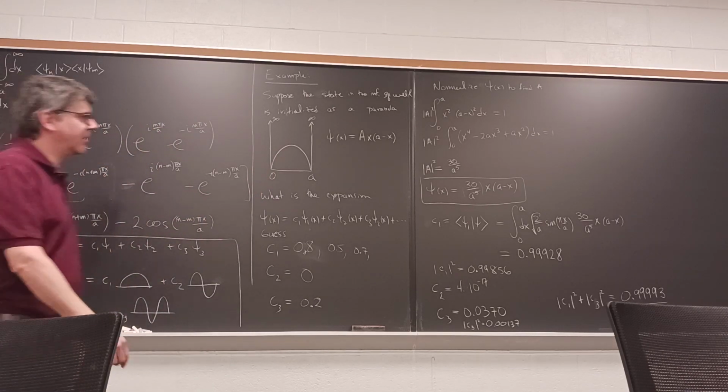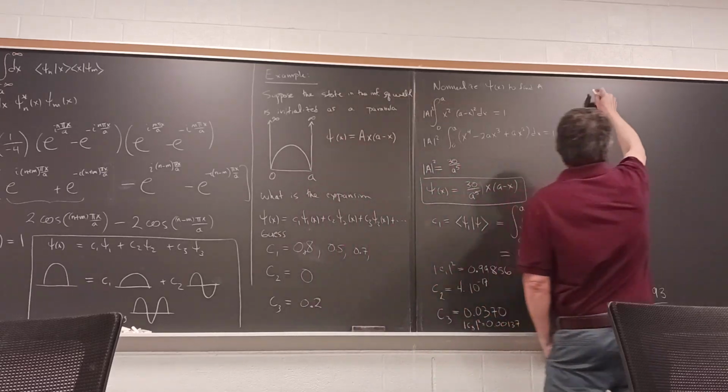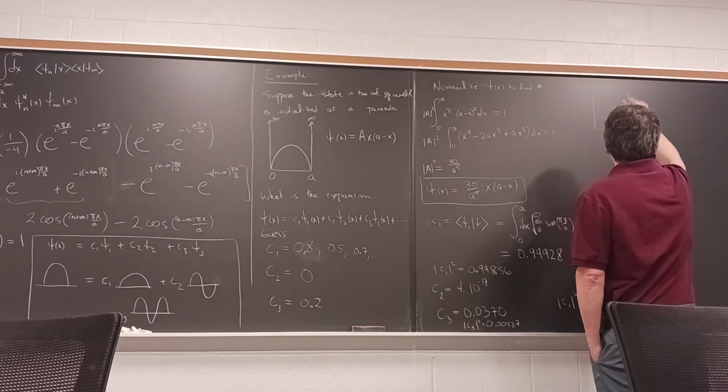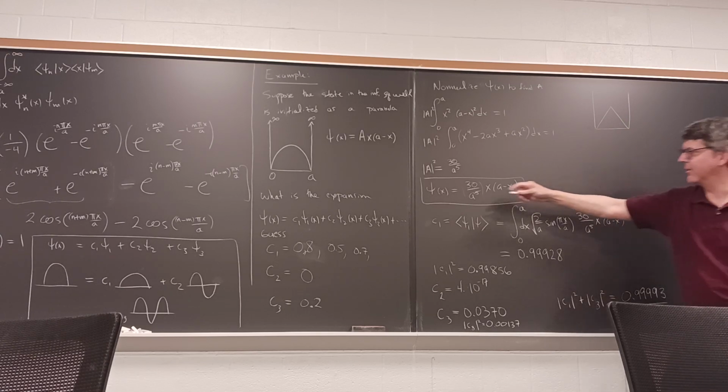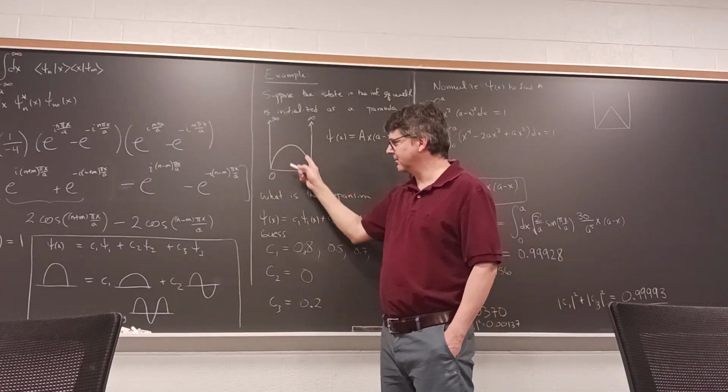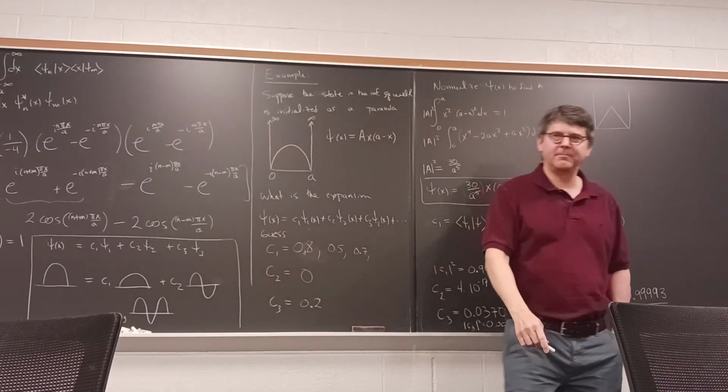But you can also calculate it if you put in just a triangle wave instead of that arch. This triangle wave, if you normalize it, will also give you an energy that's close to the ground state. It'll be more different than this one because it looks less like the actual ground state. I see.